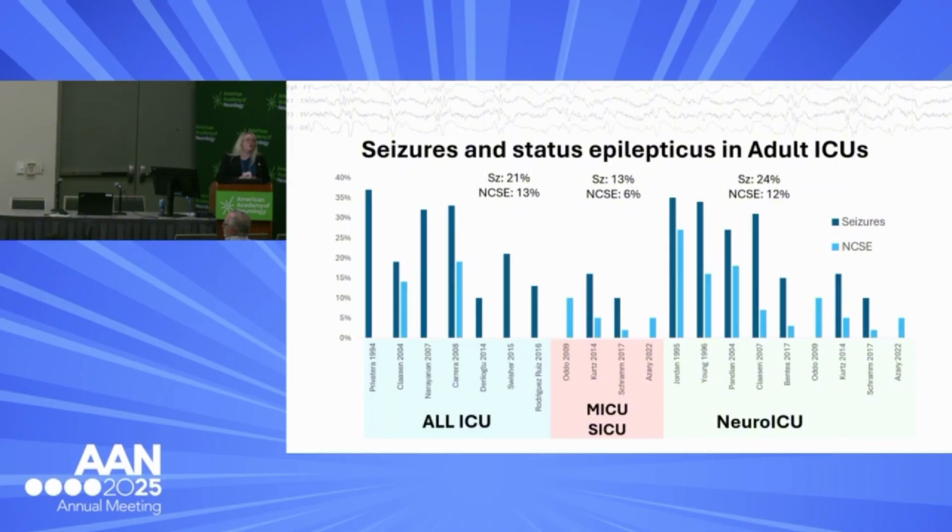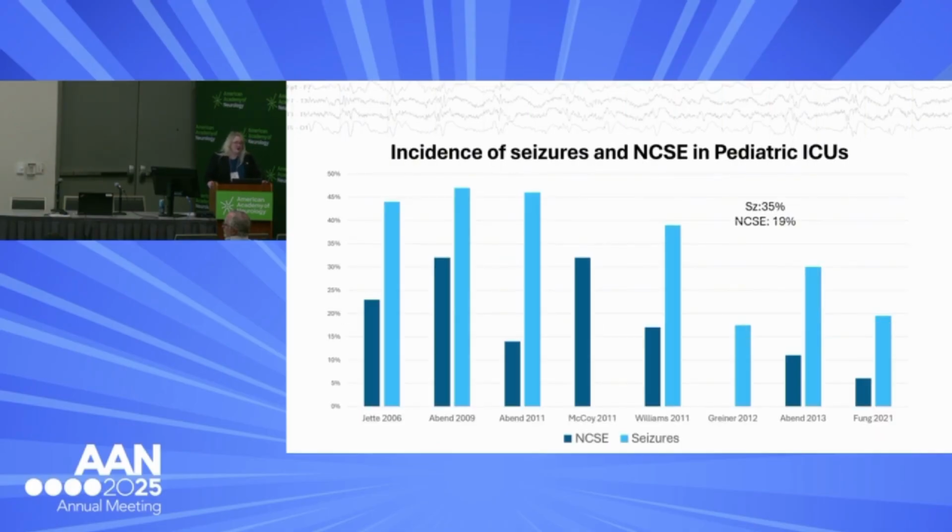And if we restrict our assessment to neurologic intensive care units, that number increases with an incidence of seizures of about 24% and an incidence of non-convulsive status epilepticus of approximately 12%. Children, pediatric, and neonatal intensive care units have a higher incidence of status epilepticus and seizures overall.